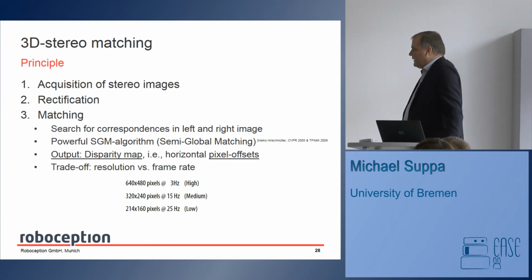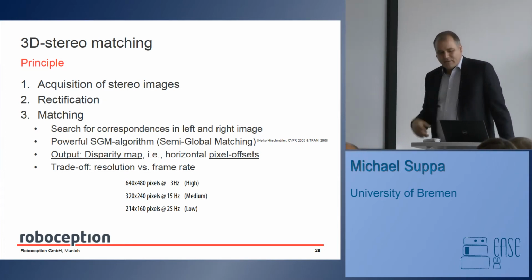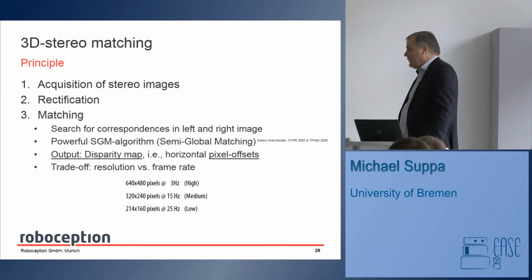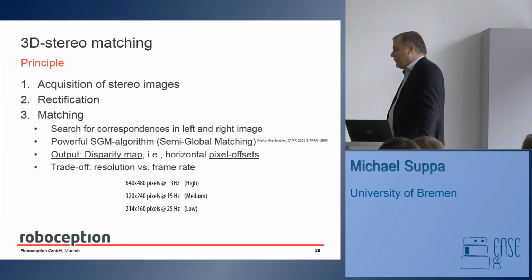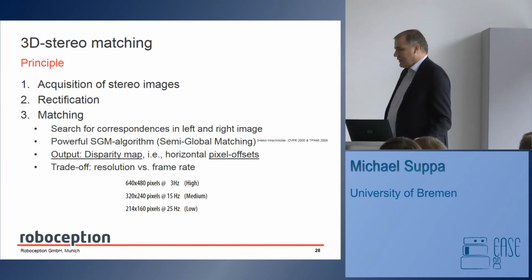You also have to make a trade-off between resolution and frame rate. On our side, we can compute it on the sensor. If you go for VGA, it's 3 Hertz. If you go for half VGA, it's 15 Hertz, and it's computed on a GPU. If you go for a third of VGA, it's 25 Hertz. So whenever you work on that, you have to consider what frame rate you actually want with respect to the resolution you can work with.